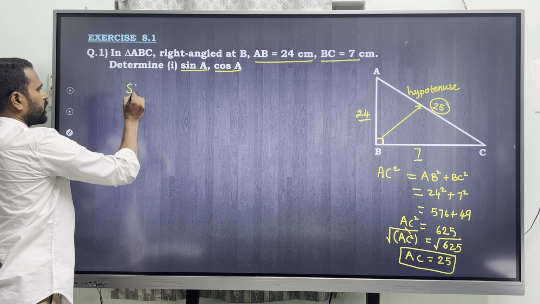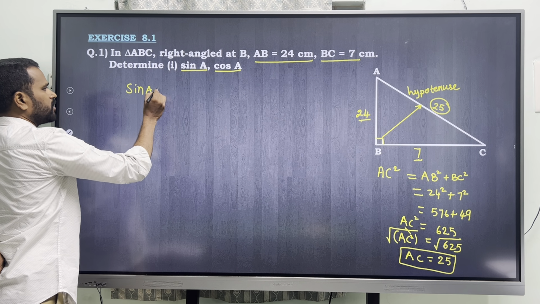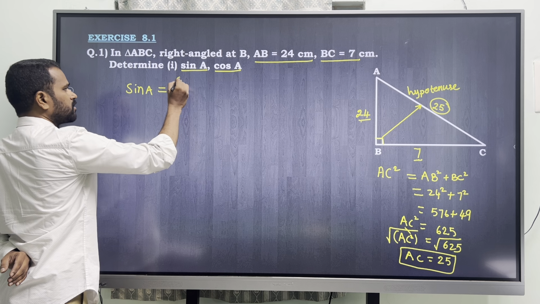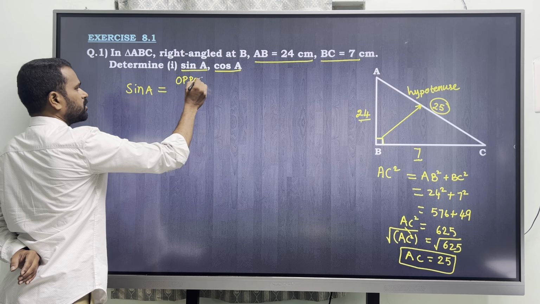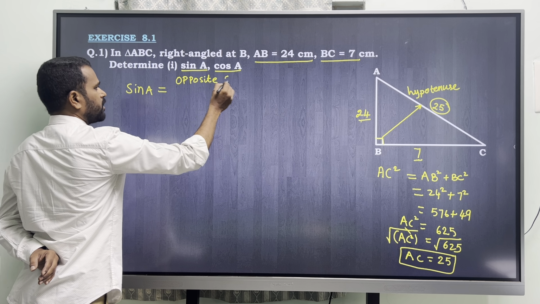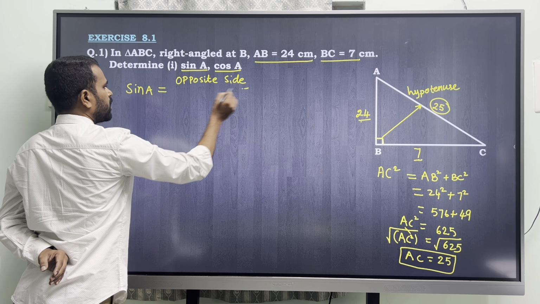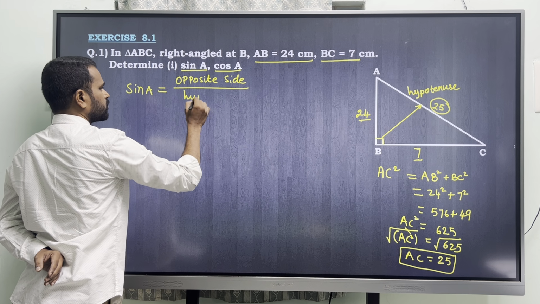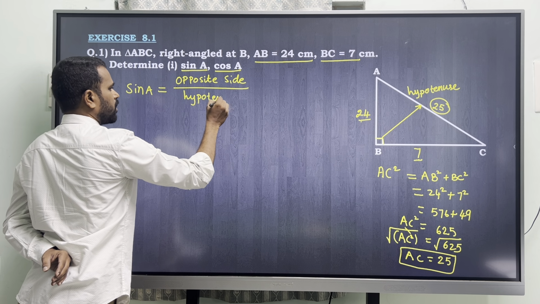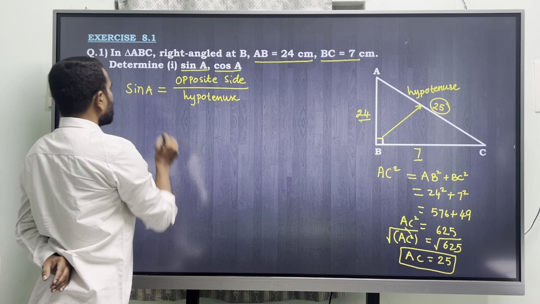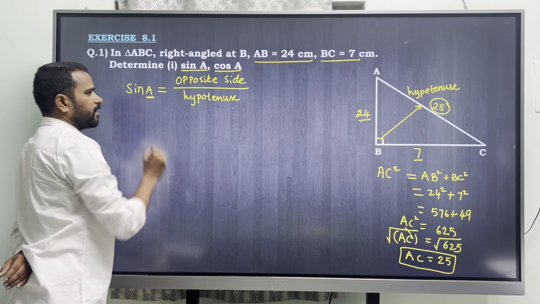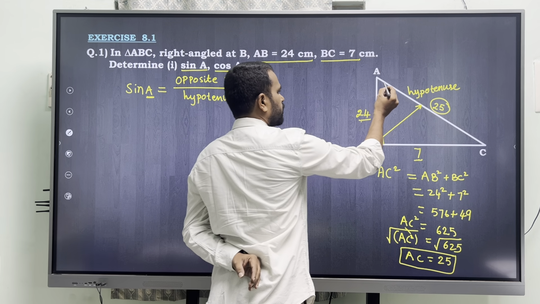First sin A. What is the definition of sin A? Sin A means opposite side by hypotenuse. Where is angle A? Here.